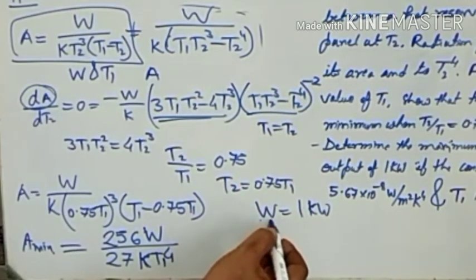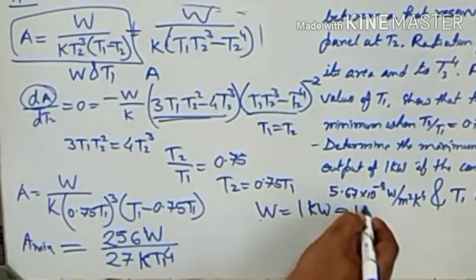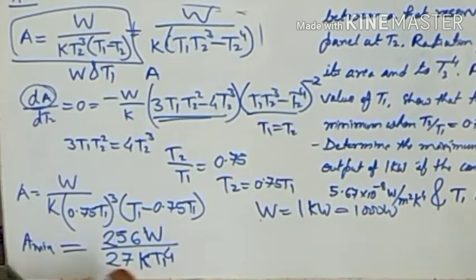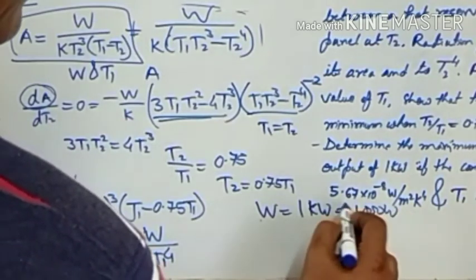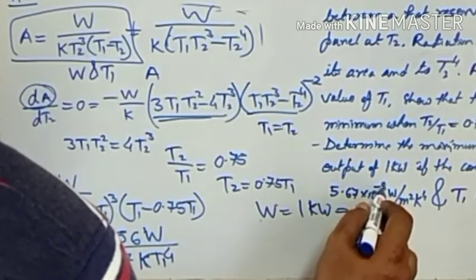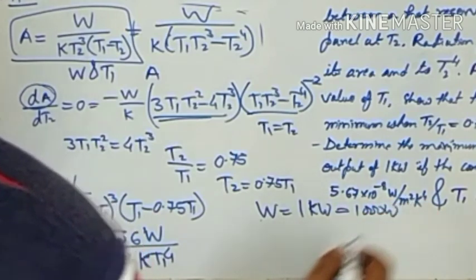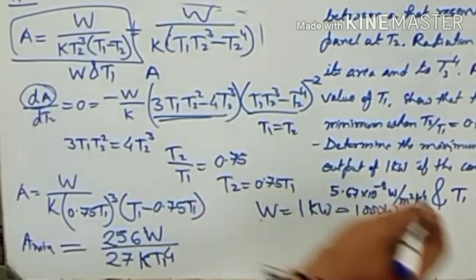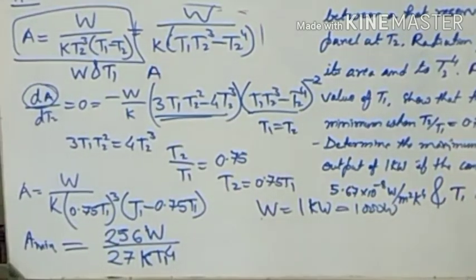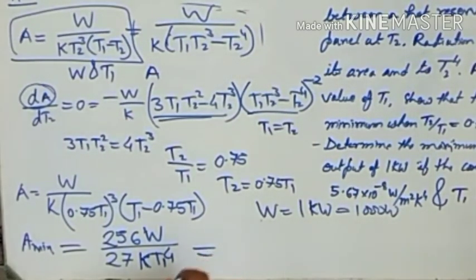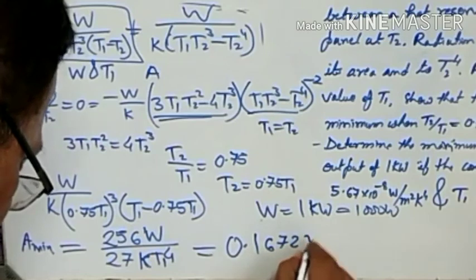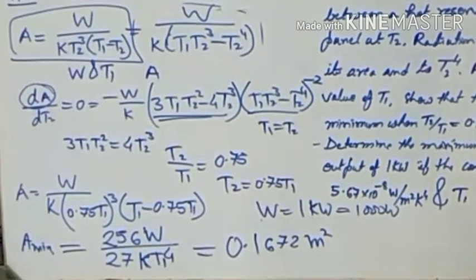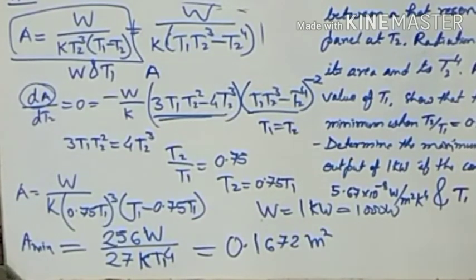So here we will substitute W as 1 kilowatt, that is 1000 watt, and K is given as a constant, 5.67 into 10 to the power minus 8 watt per meter square Kelvin to the power 4, and T1 is given here as 1000 Kelvin. So if you substitute this and find out the A minimum, it comes out to be 0.1672 meter square. So the minimum area required is 0.1672 meter square.